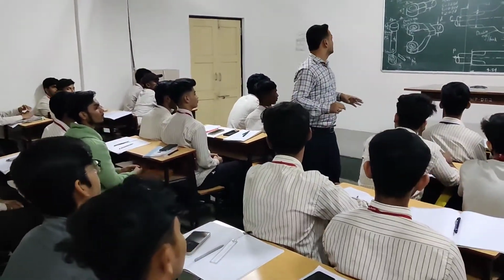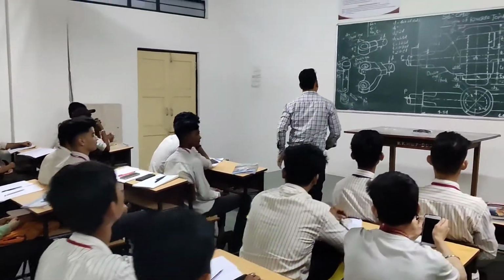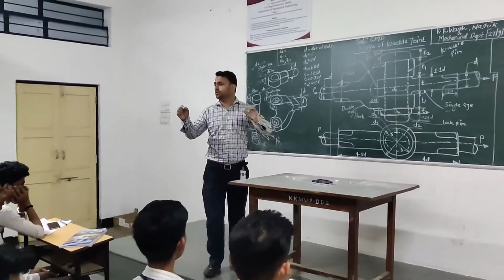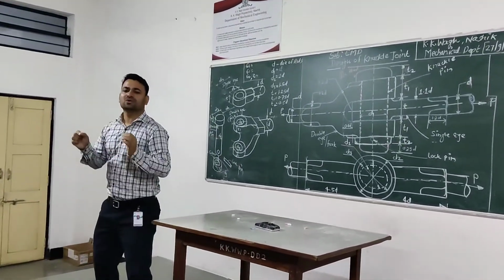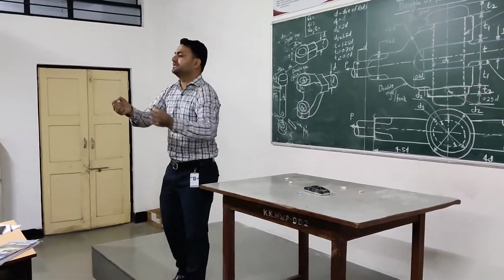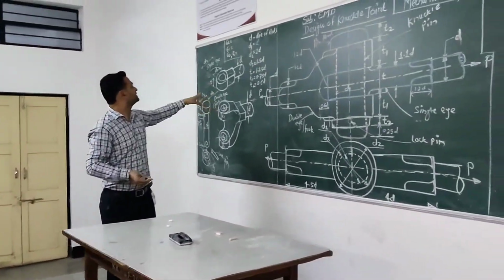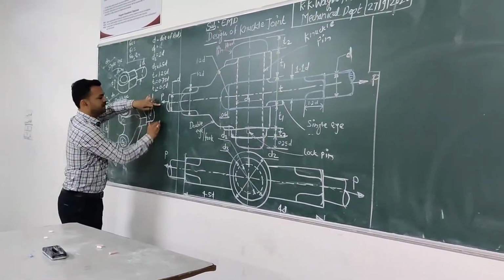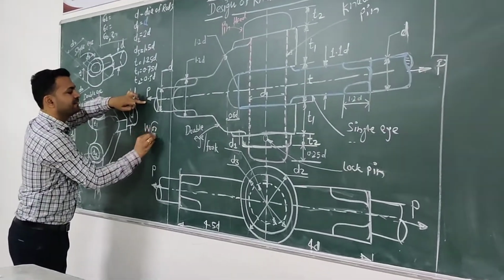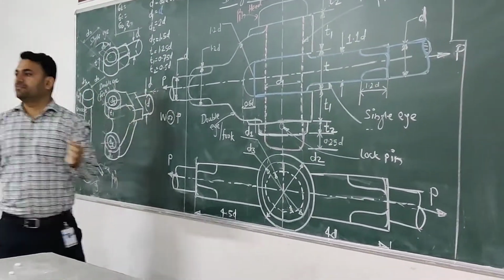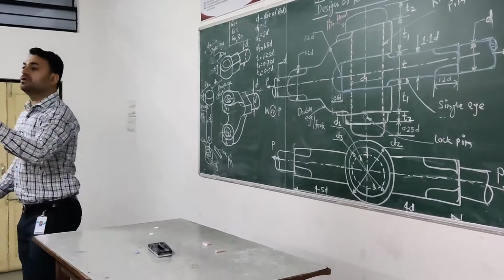Now let's start with different notations which are related to load and which are related to stresses. Here W, or we can write P. W or P is the notation for load.